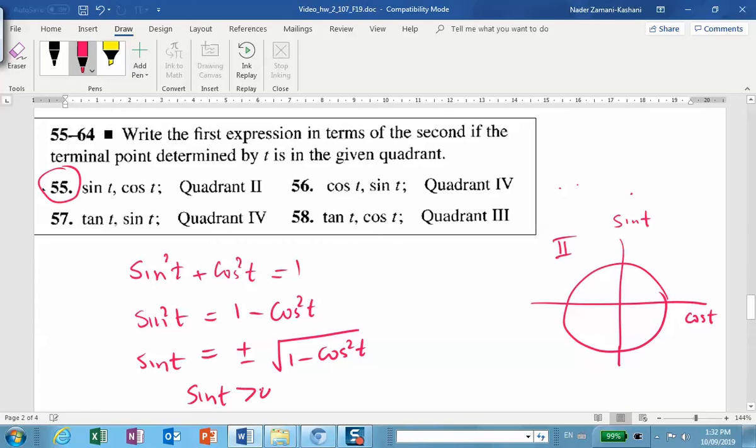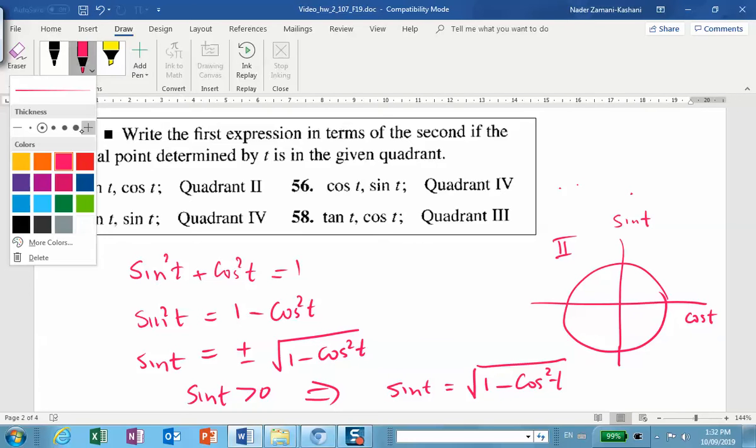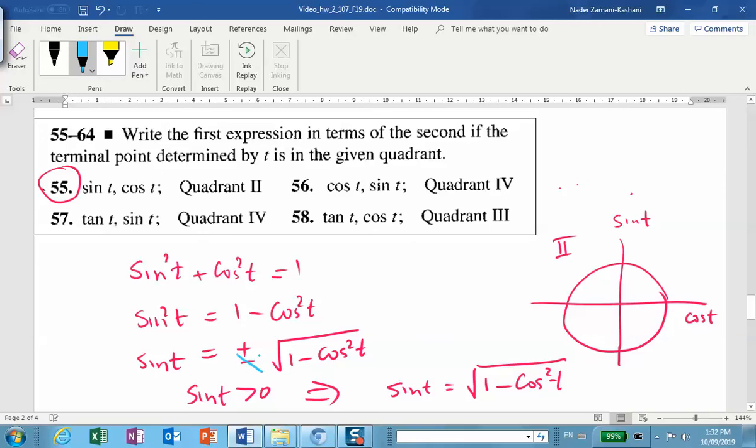Therefore, sine of t is square root of 1 minus cosine squared t. In other words, do not use the negative sign. Okay, that's how we do this problem.